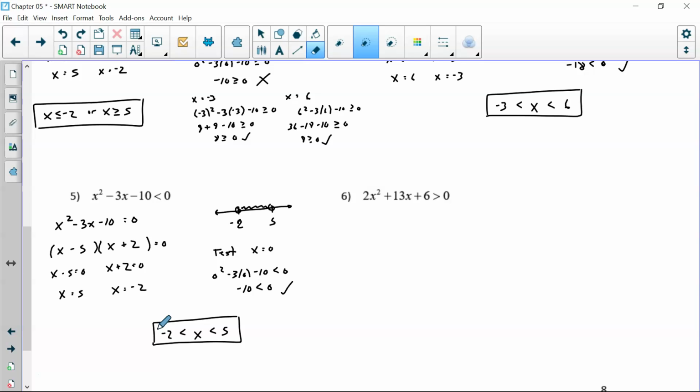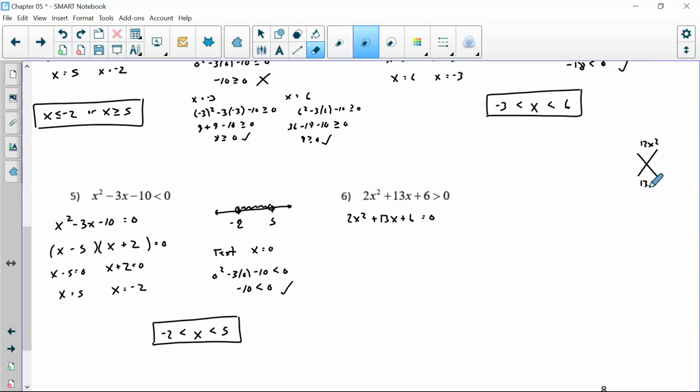Now for number 6. Another factoring problem. 2x squared plus 13x plus 6 equals 0. A little bit more complicated to factor. We got our first and last terms. We got our 12x squared, our positive 13x.